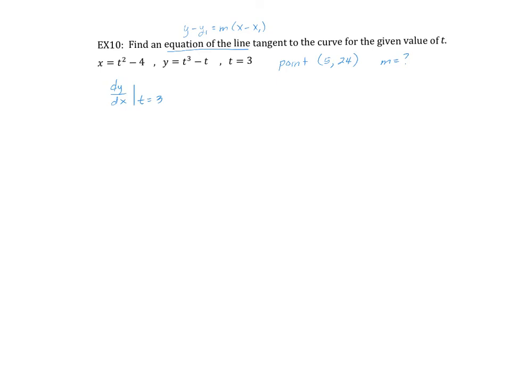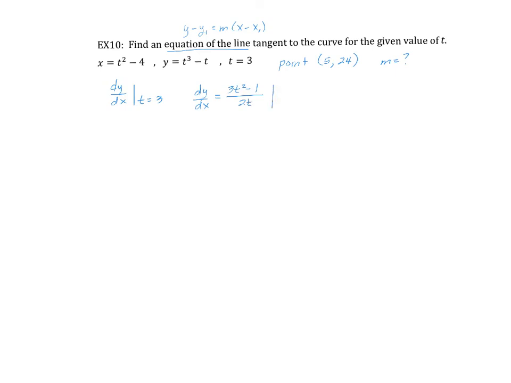So our derivative is the derivative of y with respect to t, which would be 3t squared minus 1, over the derivative of x with respect to t, which is just 2t.